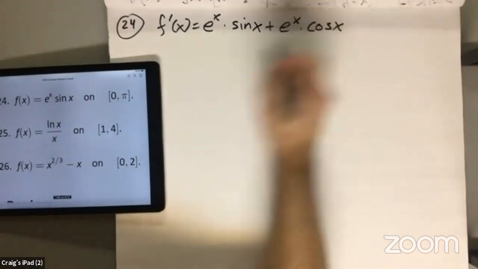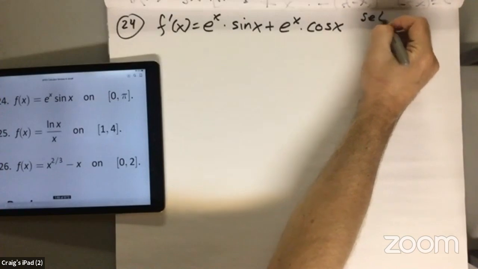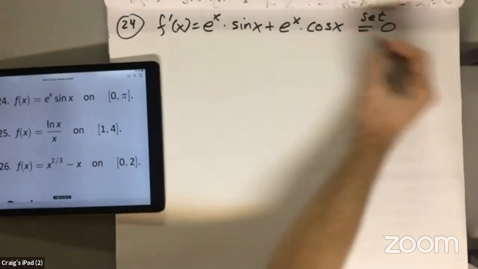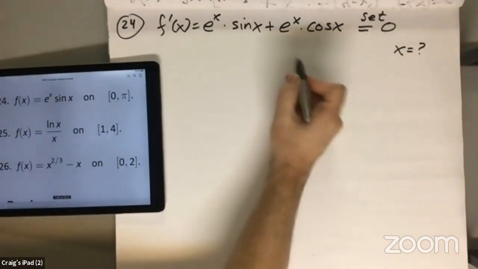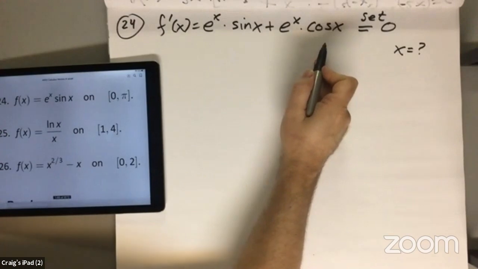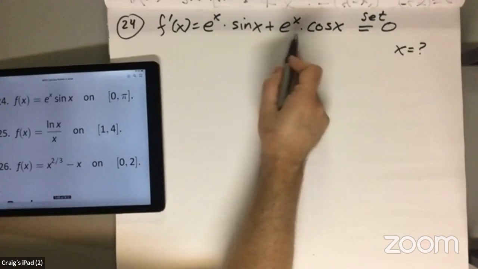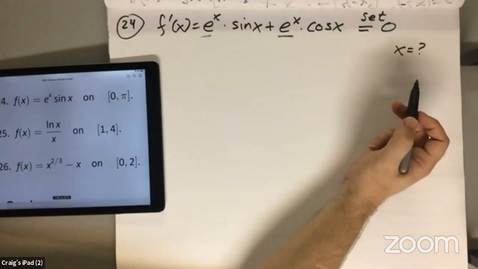Again, for trying to find maxes and mins on this interval, I'm going to find the critical numbers by setting that equal to 0 and solve for x. One thing I know is that e to the x itself is never 0.